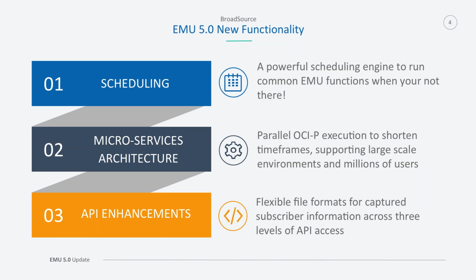And to maximize its performance is one that we need to be able to perform very, very large scale activities and to do that in a timely manner. And we'll talk about that in just a little while. But fundamentally, EMU is now architected to be able to perform parallel execution processing into the BroadWorks platform so that we can accelerate the time by which we perform audits, or the time by which we perform backups, for example.